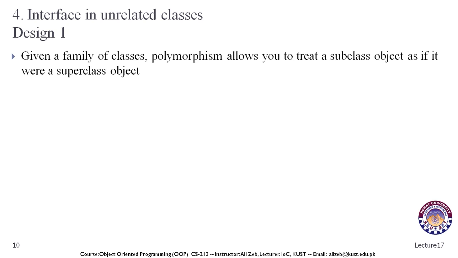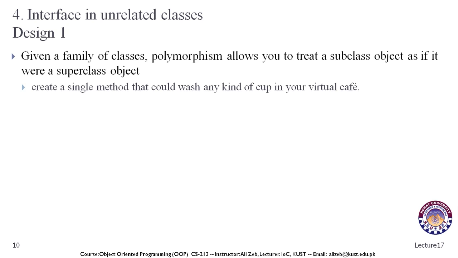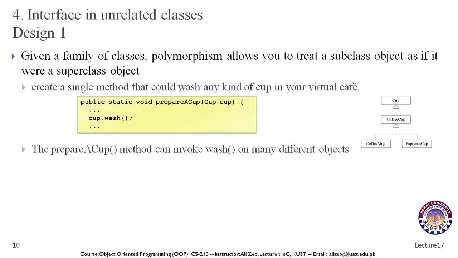In the first design, we are given a family of classes, and polymorphism allows us to treat a subclass object as if it were a superclass object. We have a cup class that has a coffee cup as its subclass, and then we have coffee mug and espresso cup as subclasses of the coffee cup.